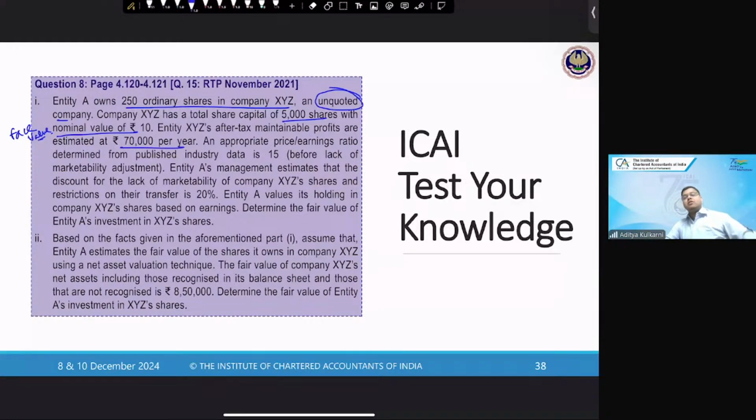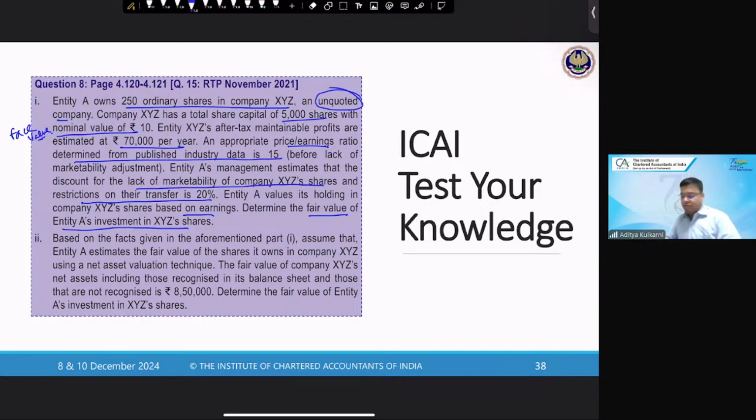An appropriate PE ratio from published industry data is 15 before the lack of marketability adjustment. Entity A's management estimates that the discount for the lack of marketability of XYZ shares and restrictions on their transfer is 20%. A values its holding in company XYZ's shares based on earnings. Determine the fair value of A's investment in XYZ's shares.